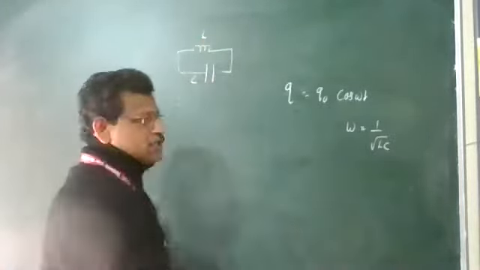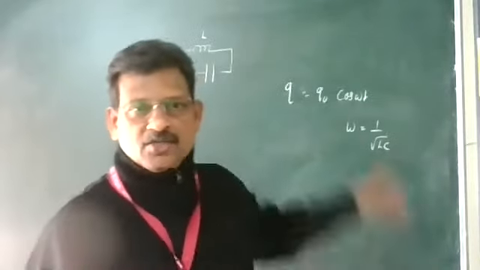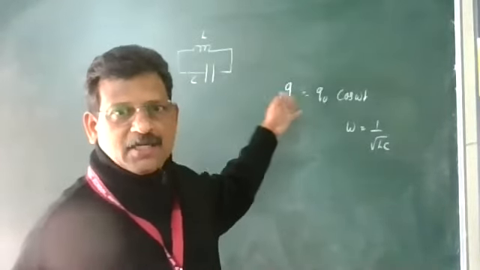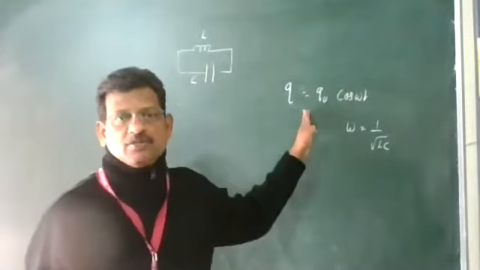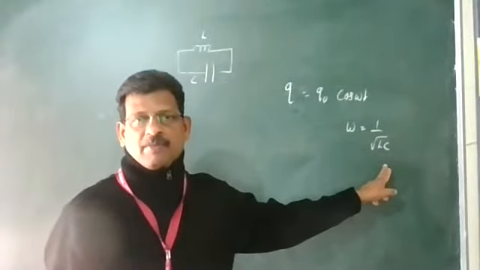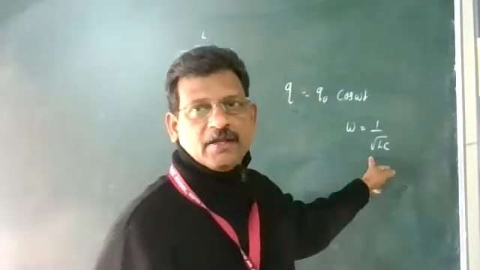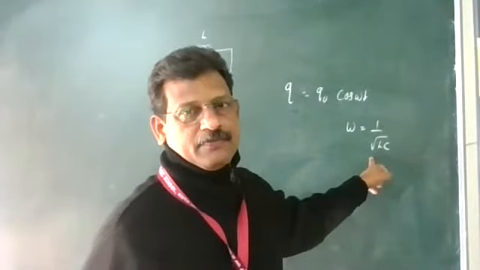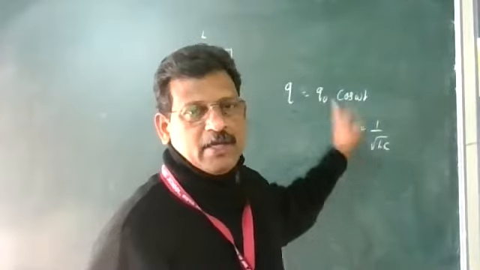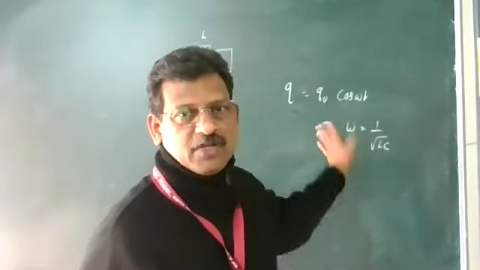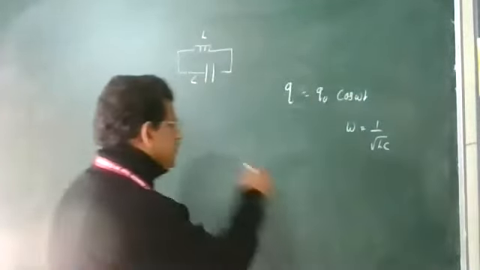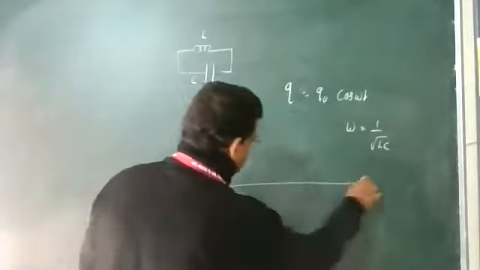The charge on the capacitor plate is continuously changing. This is the variation, with omega, and the frequency is 1 by 2π√LC. This is the resonant frequency, as in the LCR circuit. Suppose I draw the variation of charge with time, you will get a graph like this.